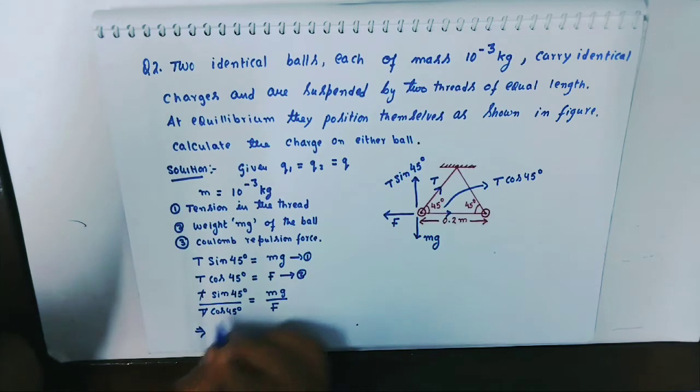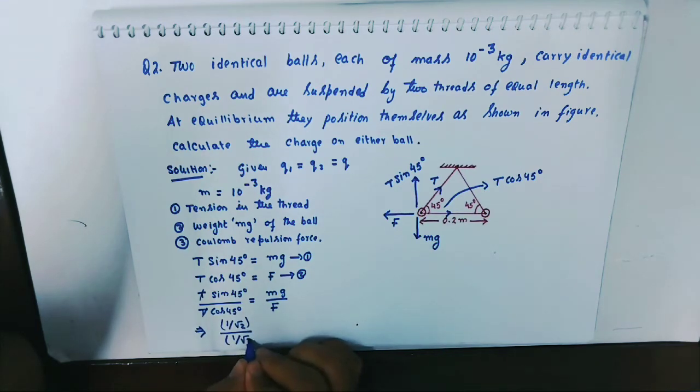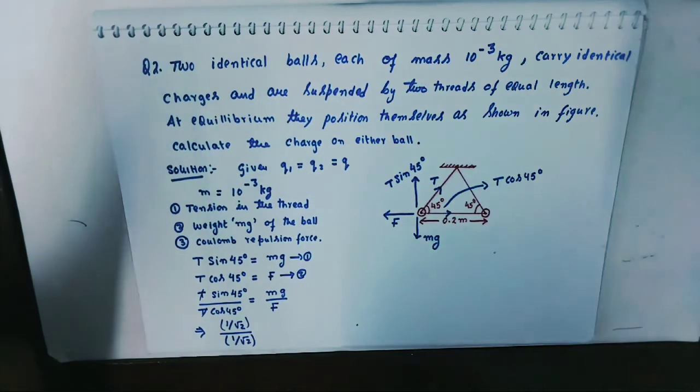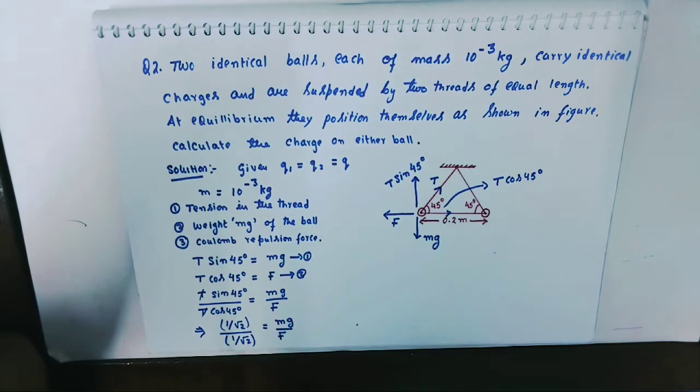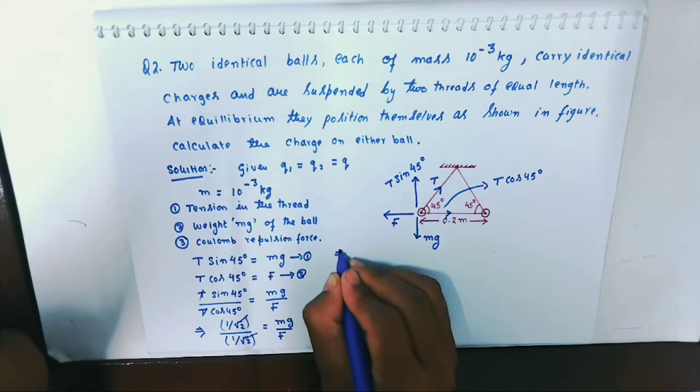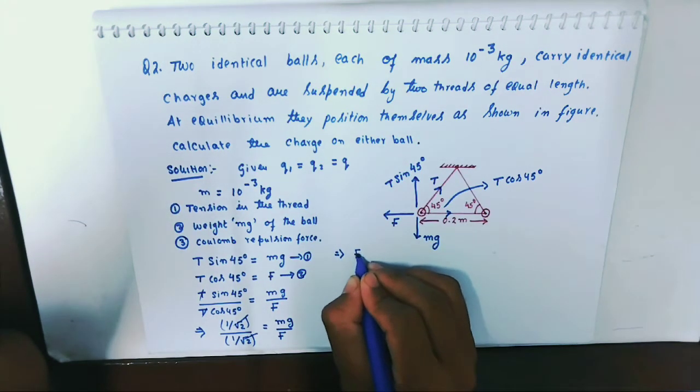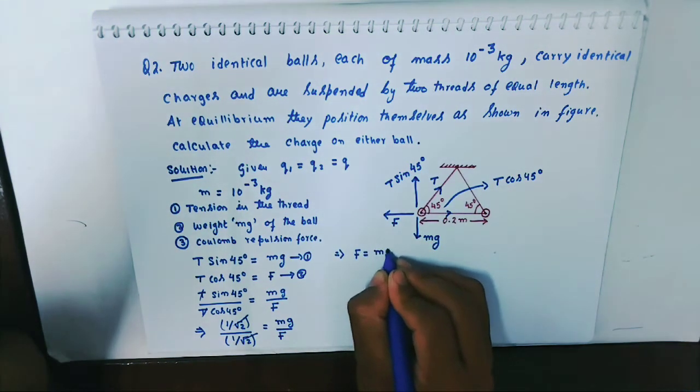Sin 45 is 1 by root 2, cos 45 is also 1 by root 2. This is equal to mg divided by F. So 1 by root 2, 1 by root 2 will get cancelled. So this implies that F equals mg.